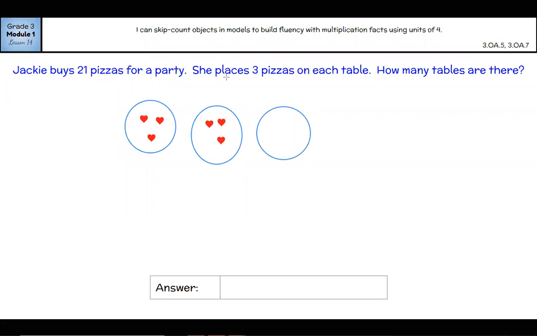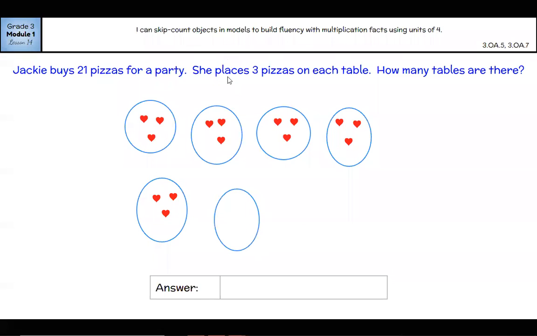Another table with 3 more pieces gives me 9. Another table with 3 more pieces gives me 12. I still got to get to 21. 3 more pieces, 13, 14, 15. 16, 17, 18, 19, 20, 21.